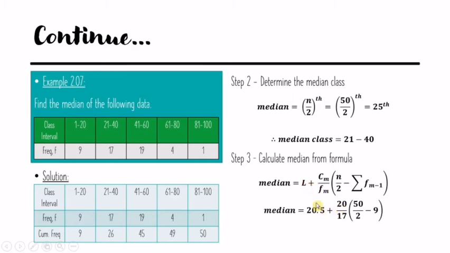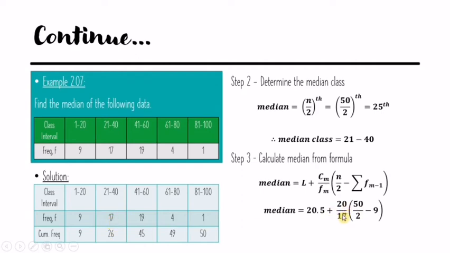How do you calculate the class size without calculating the class boundary? Here, 21 minus 1, so 21 minus 1 is 20. So that is the class size, 20. Or you can also calculate it manually. And then divided by the frequency of the median class. The median class is here, and the frequency, not the cumulative frequency, is 17.